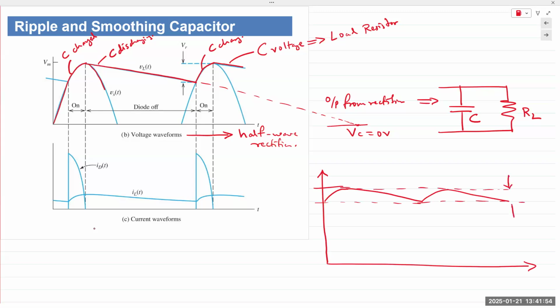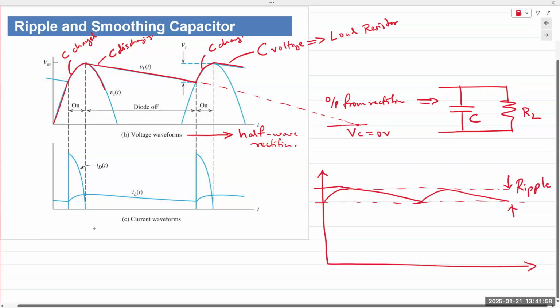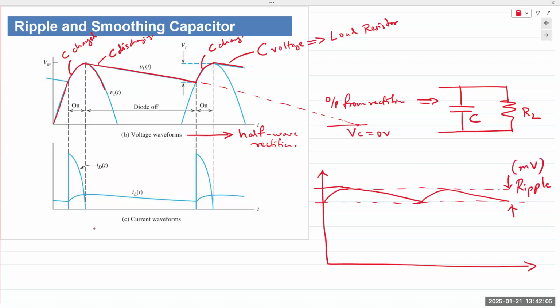This is known as the ripple or the ripple voltage, and typically it's on the order of millivolts. And this entire portion can be called DC. From two half peaks, we now have filled everything up.